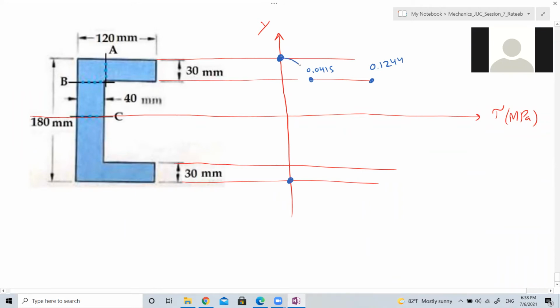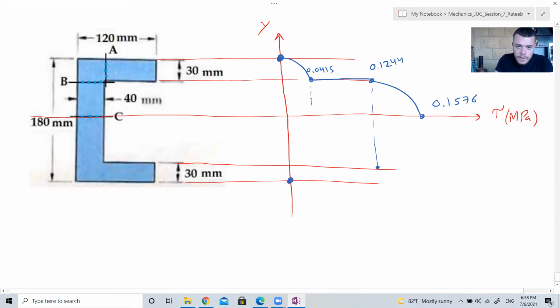Parabola, like this. And at point C you have 0.1576, like this. Then it's symmetric, like this.